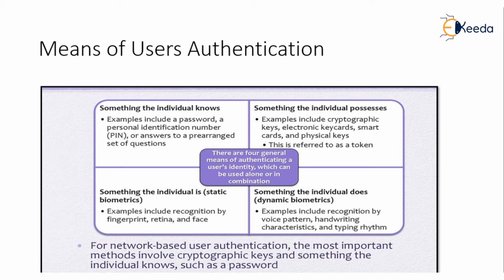So here we can consider them as the electronic key cards, the smart cards, the physical keys, the cryptographic keys, and so on. If I am an individual and if I have been given the Aadhaar card by the government of India, that means I am an authenticated Indian citizen of India.